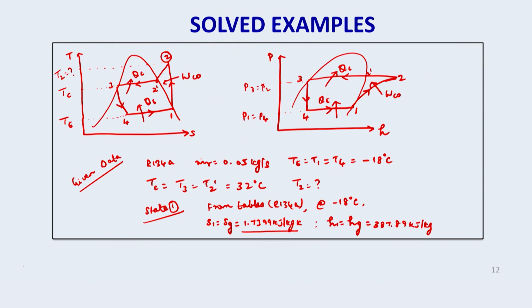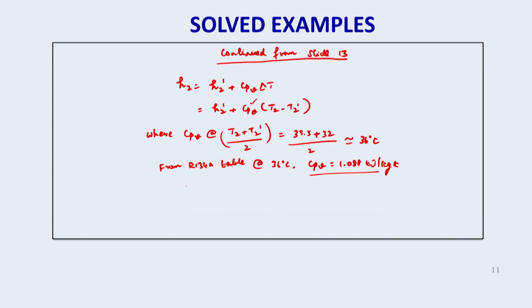If you see the condition of refrigerant at state point 2 dash, it is saturated vapor corresponding to condenser temperature. So H2 dash is equal to Hg at 32 degree centigrade, which is the temperature of T2 dash equal to T3 equal to Tc, from R134A tables. H2 dash is equal to Hg corresponding to 32 degree centigrade.